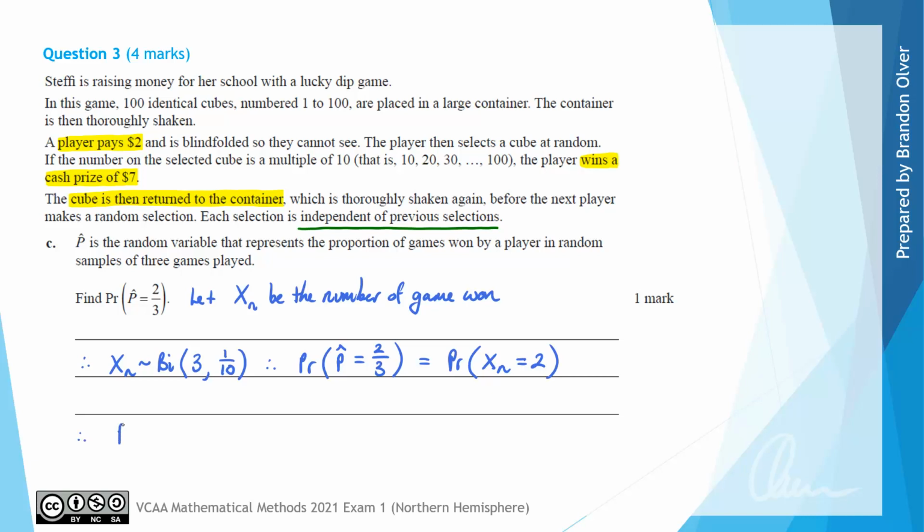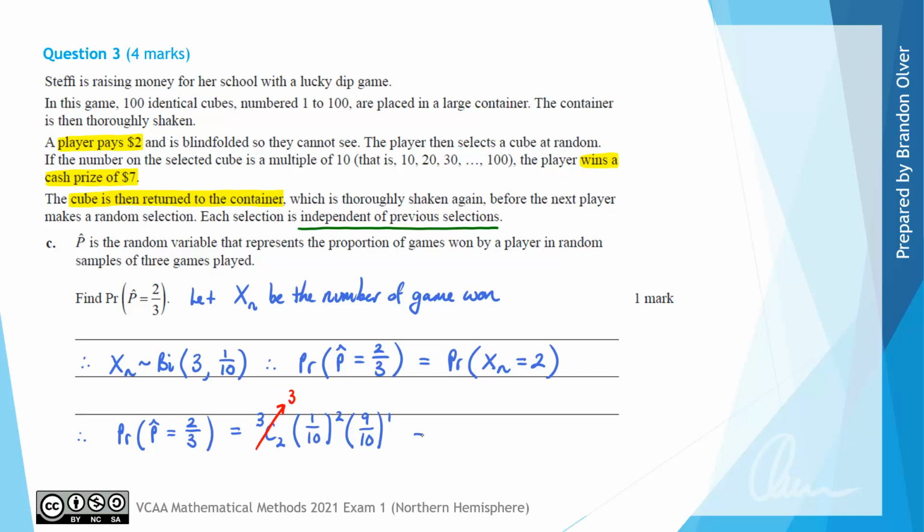So therefore, the probability that capital P hat is equal to 2 on 3 is equal to, and what we want to do is we want to take 3 games and choose 2 of those to be a win. We want the probability of a win being raised to the power of 2, and then we need the probability of failure, which will be 9 on 10, to be raised to the power of 1. So now 3 choose 2, there's 3 ways that that can happen.